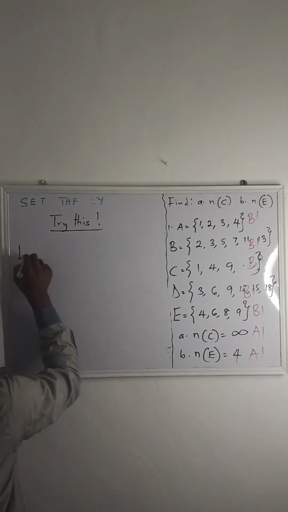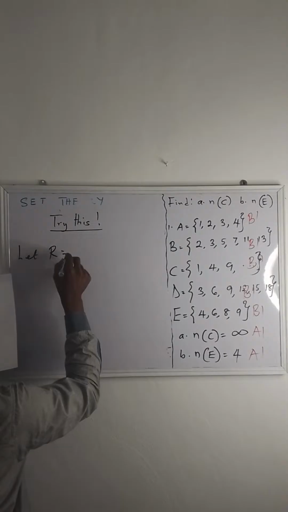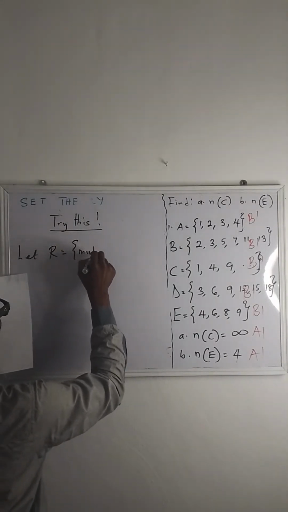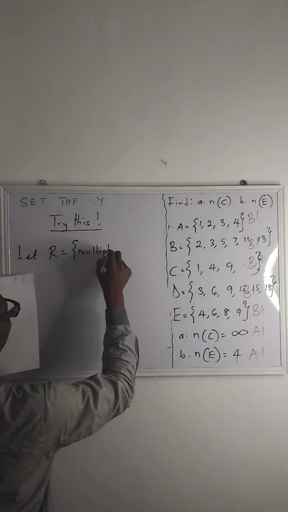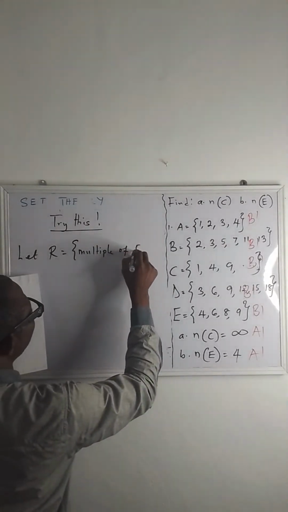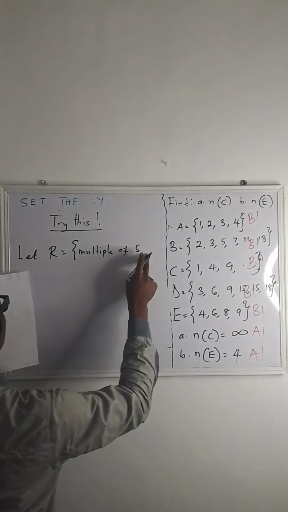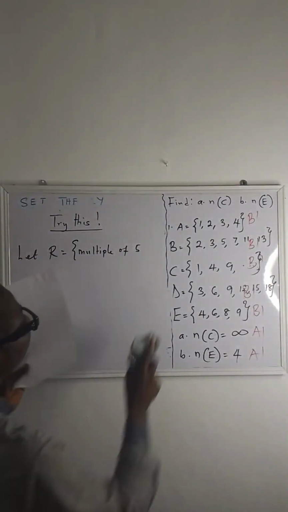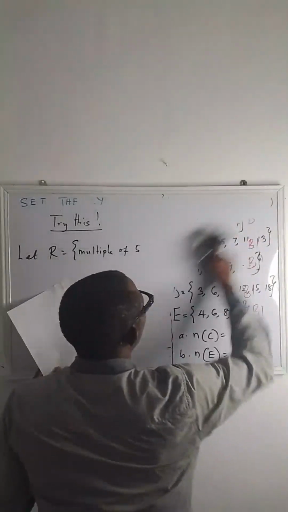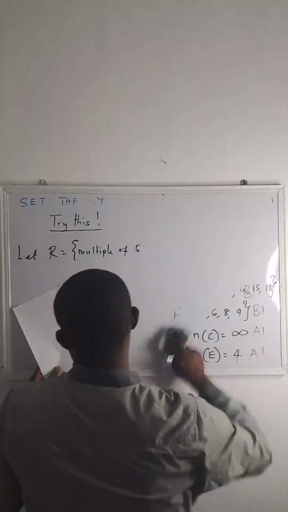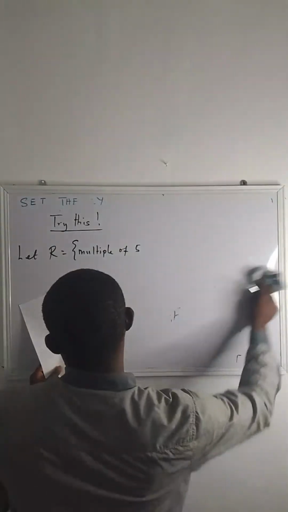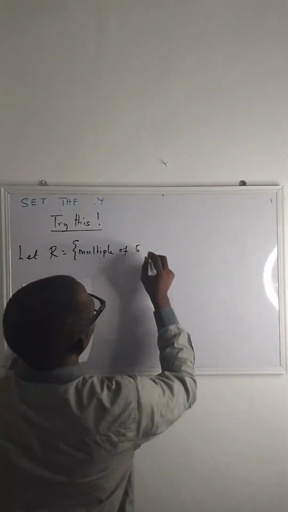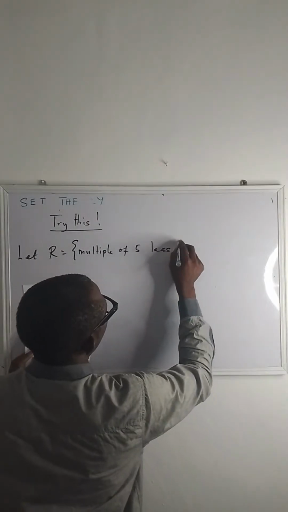Now let R be the set of multiples of 5 less than 30.